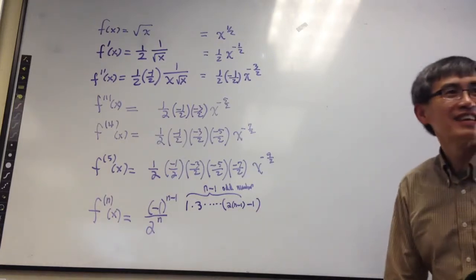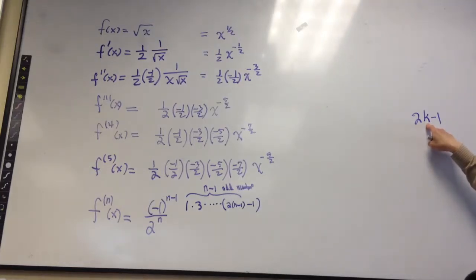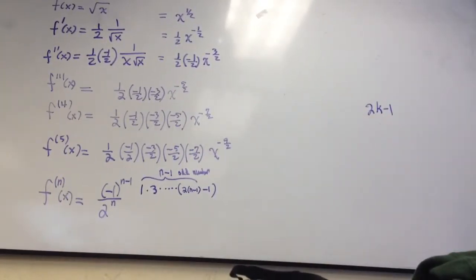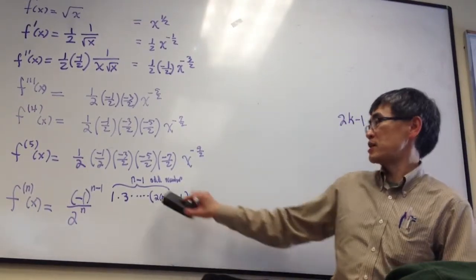Are you with me? Right, the kth odd number is 2k minus 1. The first odd number is 2 times 1 minus 1. The second one, 3, is 2 times 2 minus 1, and so on. So the kth one is 2k minus 1. So I want the first n minus 1 odd numbers multiplied together.